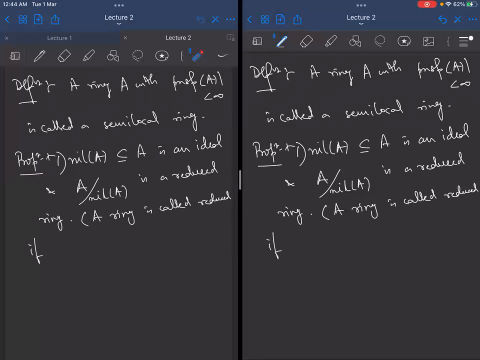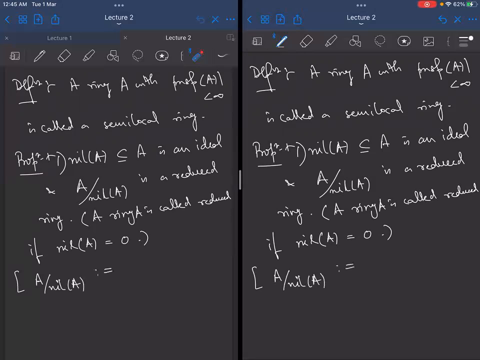A ring A is called reduced if nilradical A is the zero ideal. Those kinds of rings are called reduced rings, and by virtue of this result, we will be calling this A mod nil A as A red. So if you reduce the ring A, that will always mean that you go quotient modulo the nilradical of A.